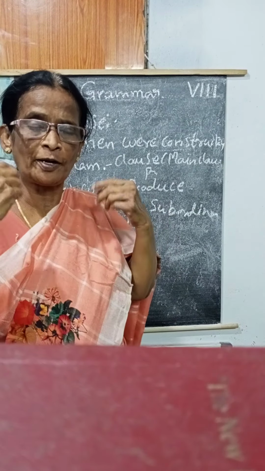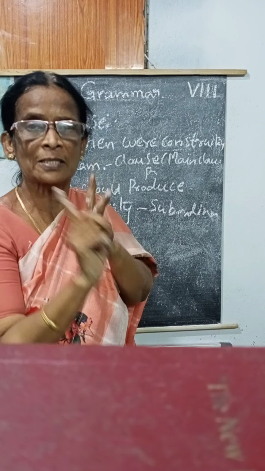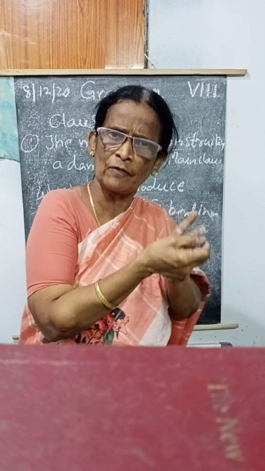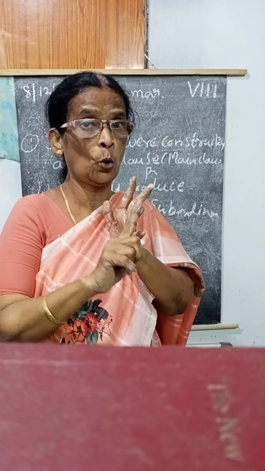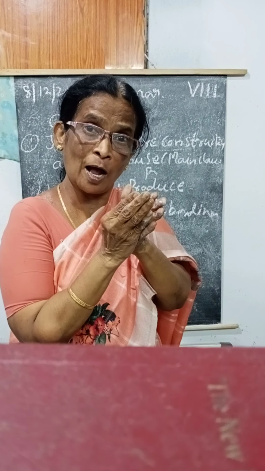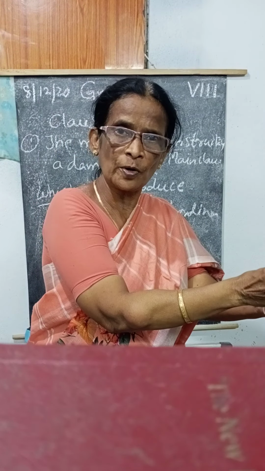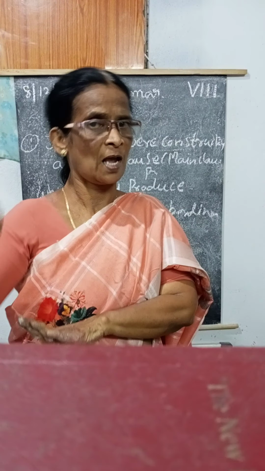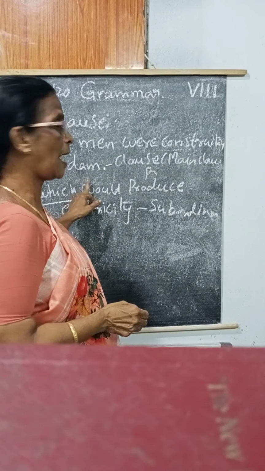So to find out the clauses, one is the main clause or principal clause, and the next one is the subordinate clause. This subordinate clause always depends upon the main clause. You can remember: which, who, where, that. When we add these conjunctions, the subordinate clause gives the full meaning depending upon the main clause. Have you understood? The men were constructing a dam.